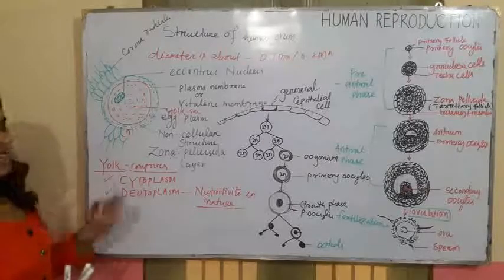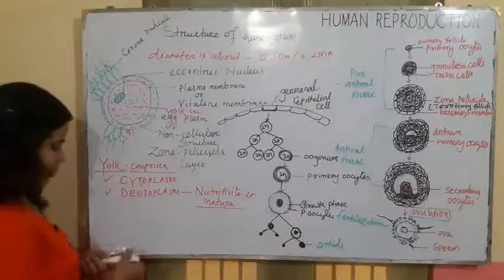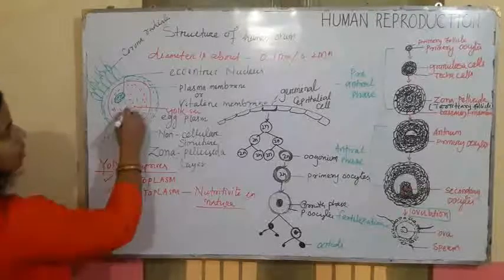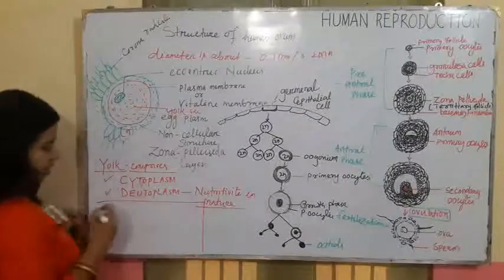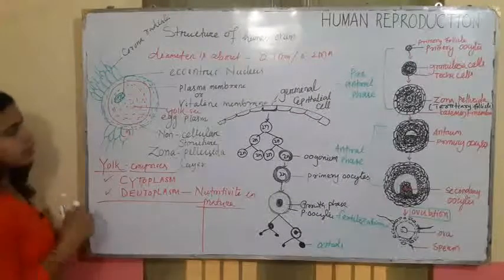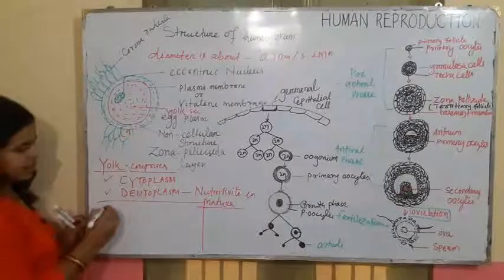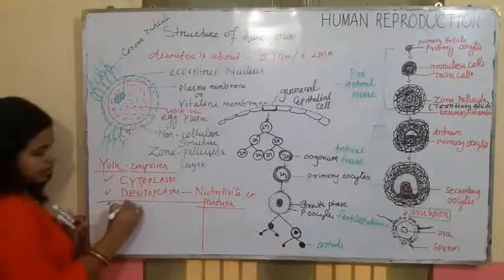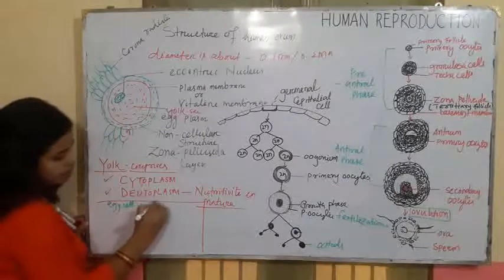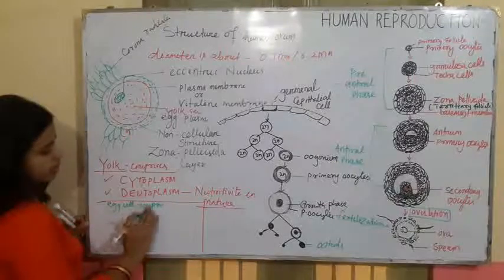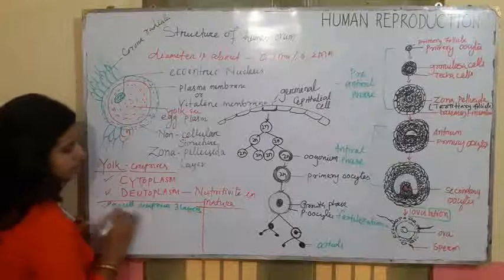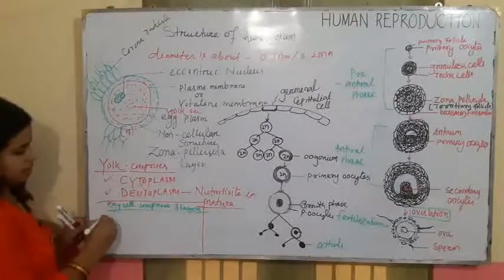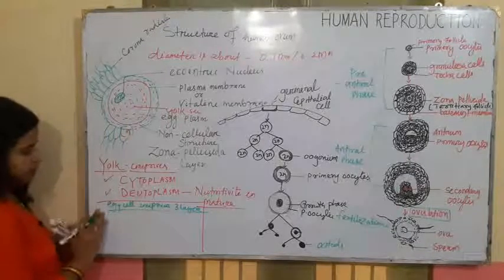And the next key points you can remember in the human ovum structure: the egg cell comprises 3 layers. The first one is what?